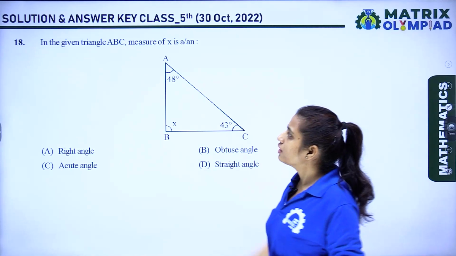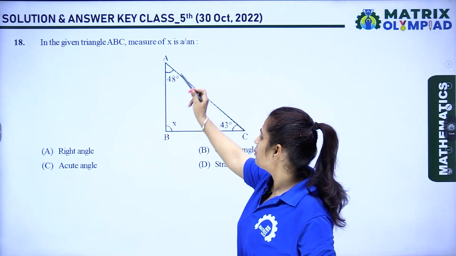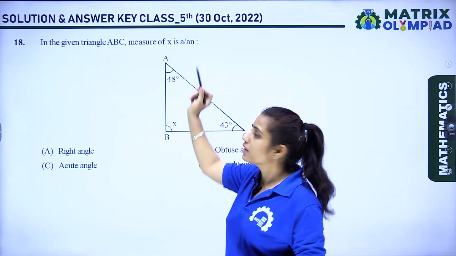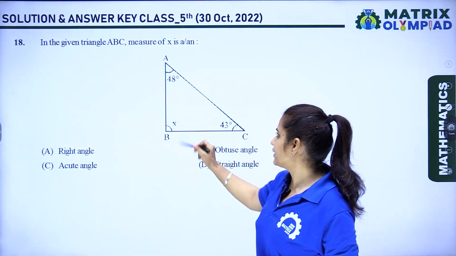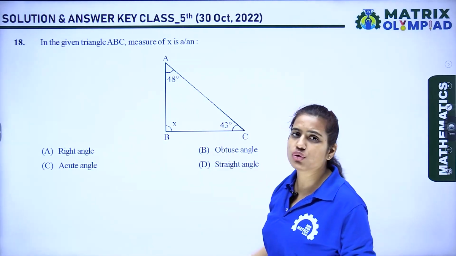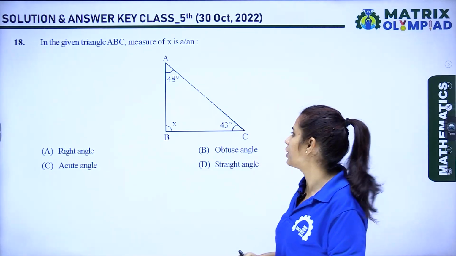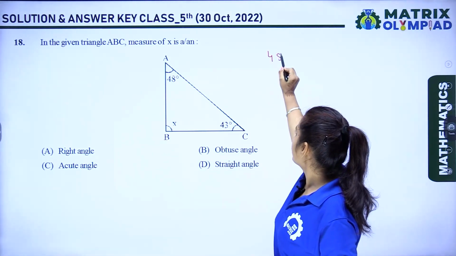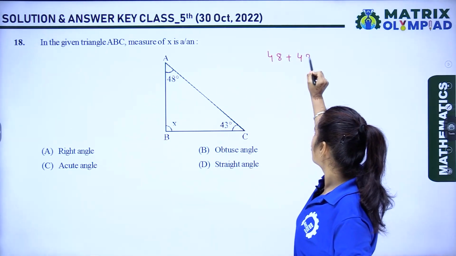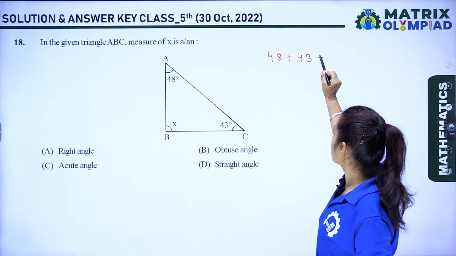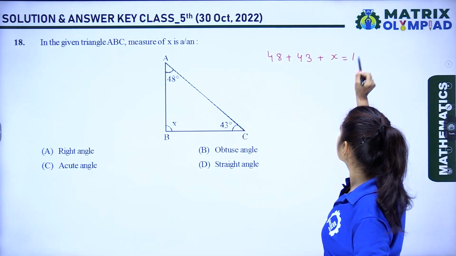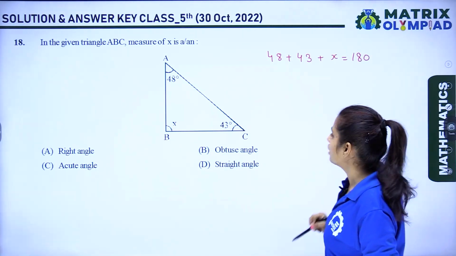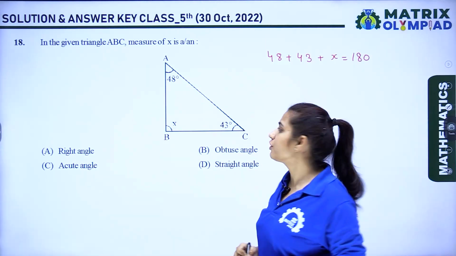Next, question 18. In the given triangle ABC, the measure of x is. We have to find out the value of x here. So here we are going to use the angle sum property. 48 plus 43 plus angle x will give us 180 degrees. So this is the angle sum property of a triangle.